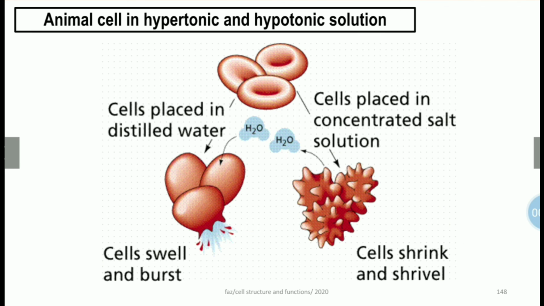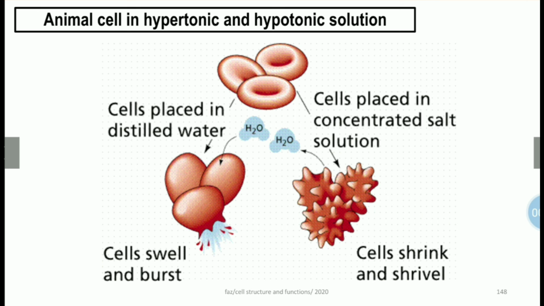Now let's have a look at this diagram. These are two different conditions when an animal cell is put in a hypertonic solution and in a hypotonic solution. Let's look at the animal cell when it is placed in distilled water. Remember, distilled water has no solute, therefore the water potential is zero, which is equivalent to pure water.